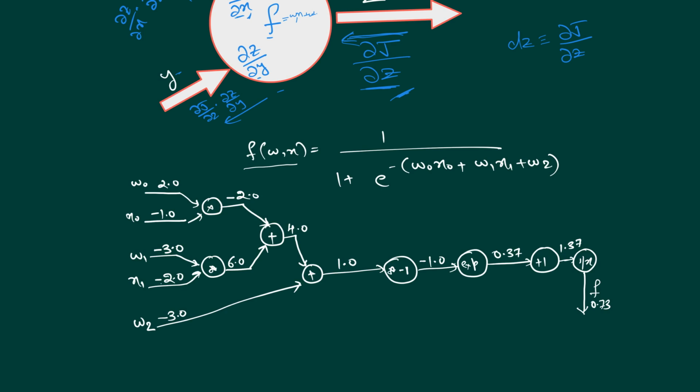Basically the values that you see out here are just the forward pass, where 2 multiplied by minus 2, minus 3 multiplied by minus 2 for W1, X1 is 6, added to minus 3, we are getting this, multiplied by minus 1 for this one, and we are getting minus 1.0, exponentiating that, 0.37, adding 1, 1.37, 1 by x, f is equal to 0.73.